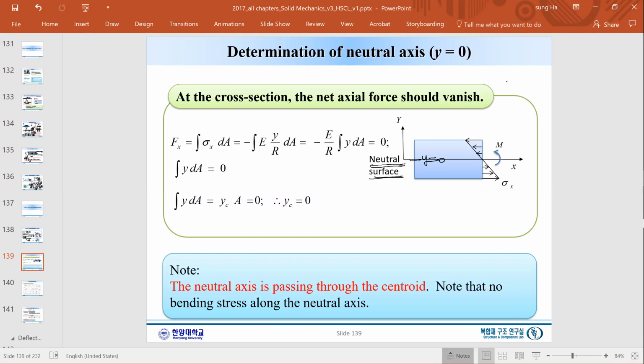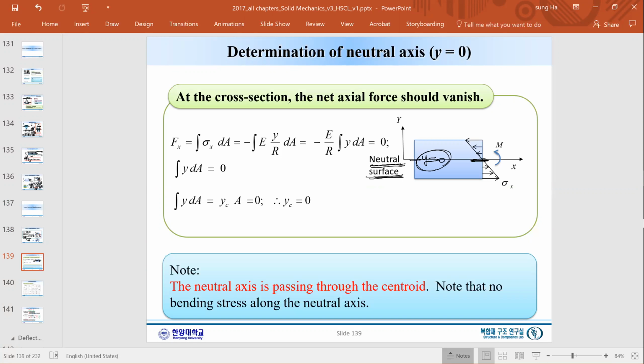We just used y equals 0, but we need to know where this neutral axis is located. All the strain and stresses are 0 at the neutral surface, so we need to know where this neutral axis is located. In other words, where is y equals 0?